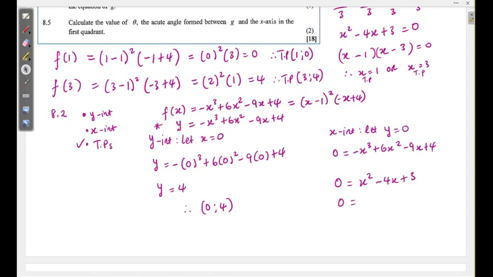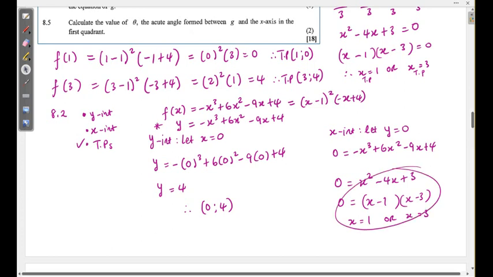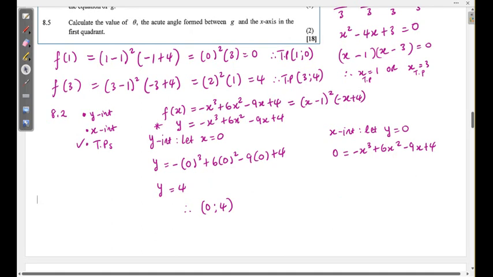You factorize, x minus 1, x minus 3, or use the quadratic formula, so that you could get the x-intercept. You say, therefore, my x-intercept is 1 or 3, I'm just making an example here. However, for our question here, for us to solve for the x-intercept, we actually need to factorize this.